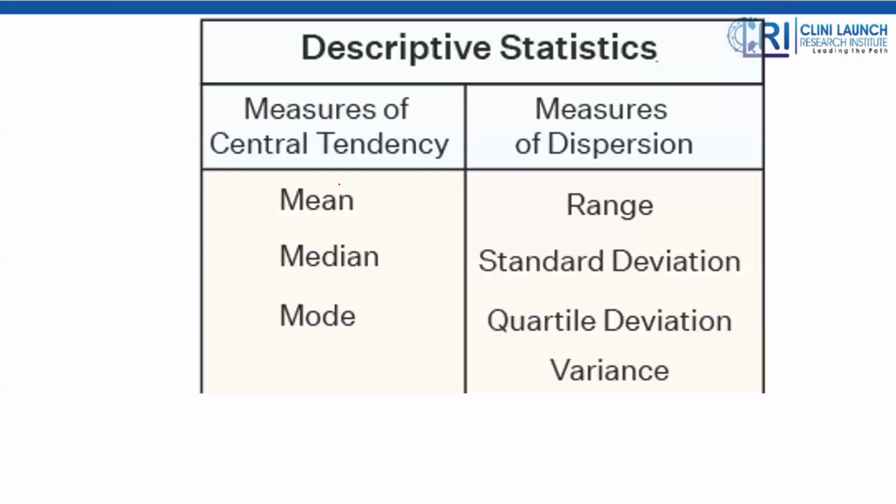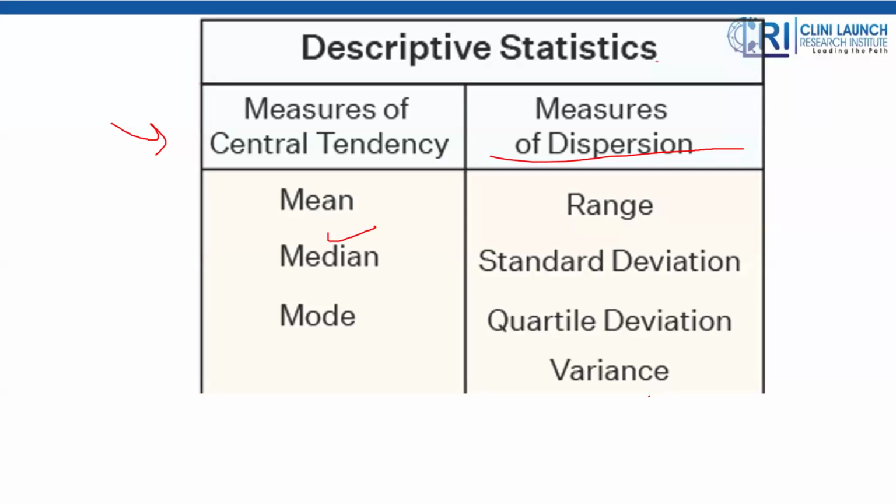To describe your data, you use two particular parameters in descriptive statistics: one is measures of central tendency and the other is measures of dispersion. In measures of central tendency, you have mean, median, mode. In measures of dispersion, you have range, standard deviation, quartile deviation, variance.